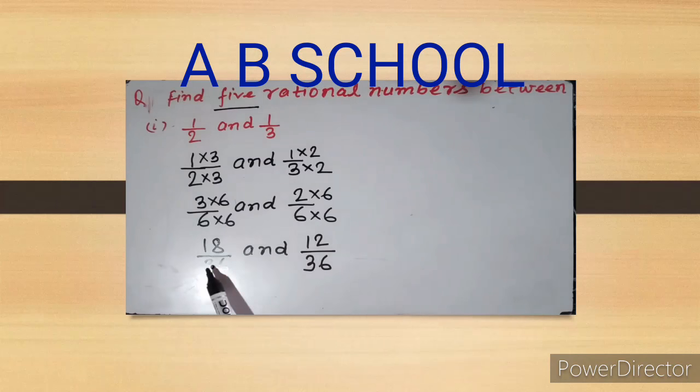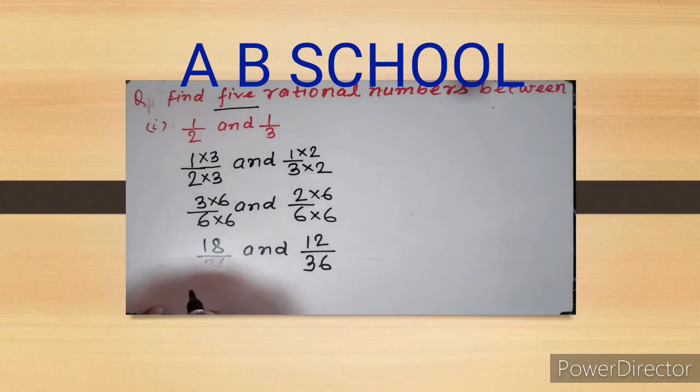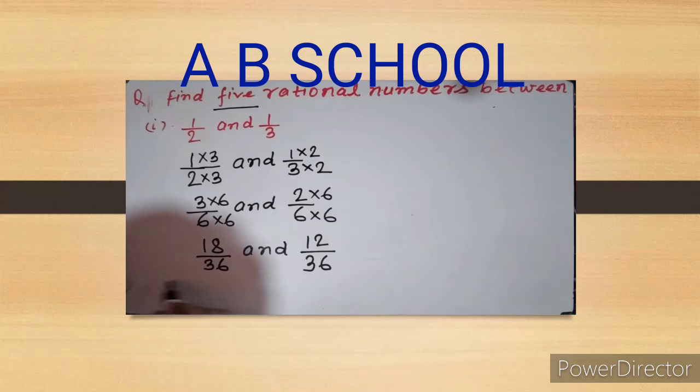Here also denominators are same. So we will see between the numerators. Numerator over here is 12 and here is 18. So between 12 and 18, you can see what is the number between 12 and 18. 13, 14, 15, 16, 17. So you will write the five rational numbers.